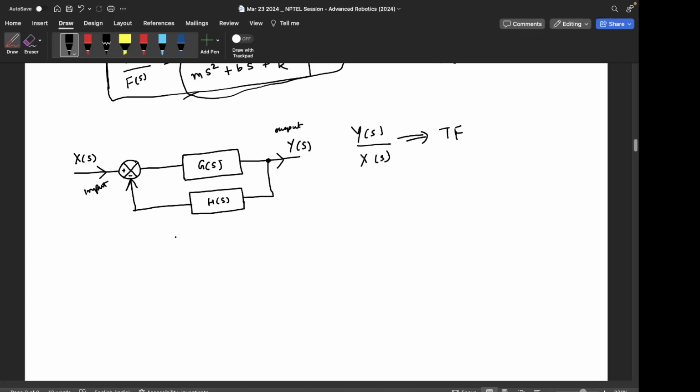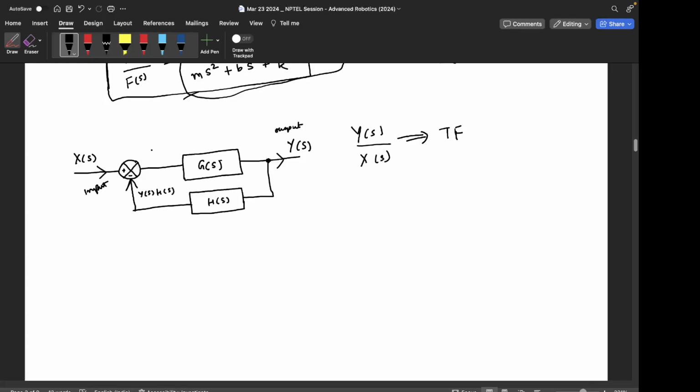So what's coming in here is Y(s) times H(s), right? Because Y(s) comes from here, multiplies with H(s) and reaches here. Input is coming X(s), right?